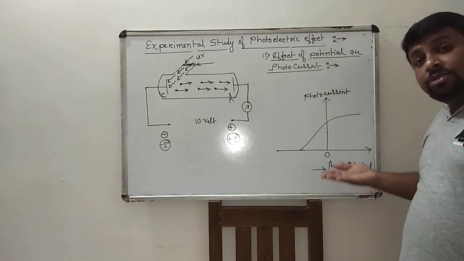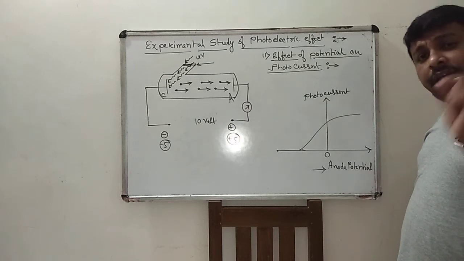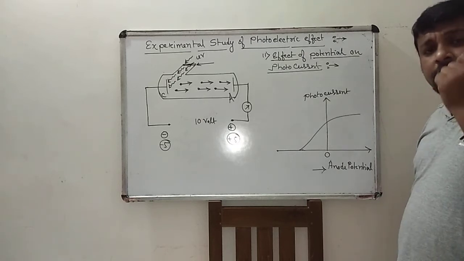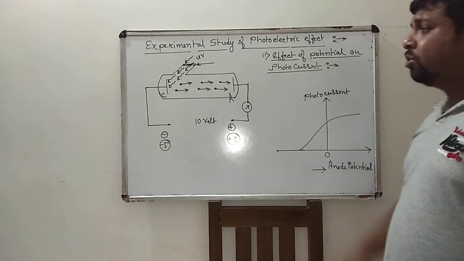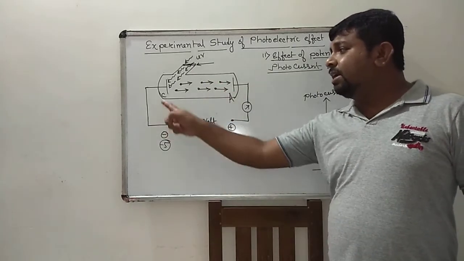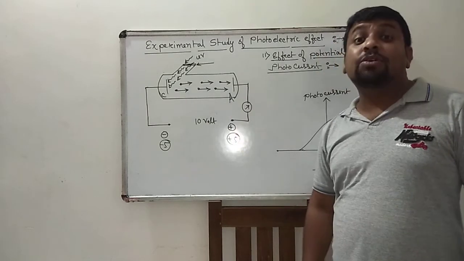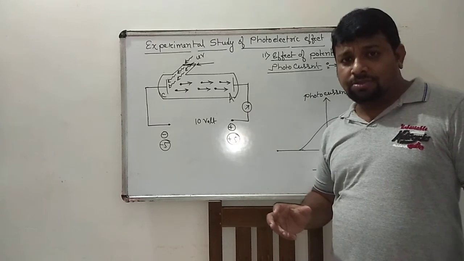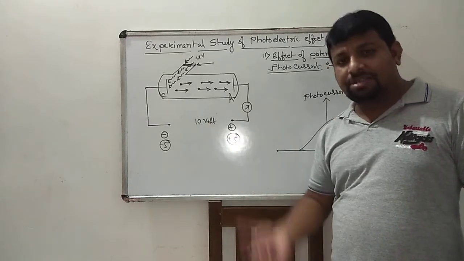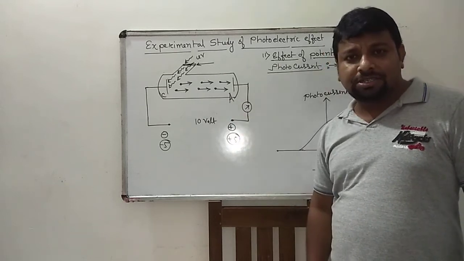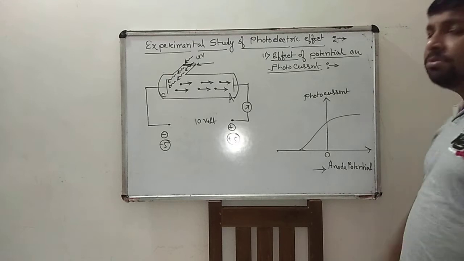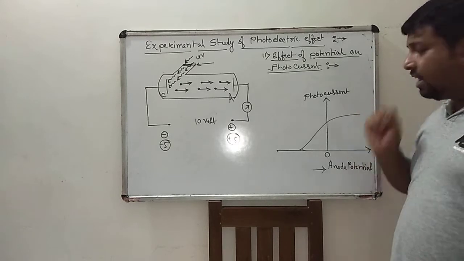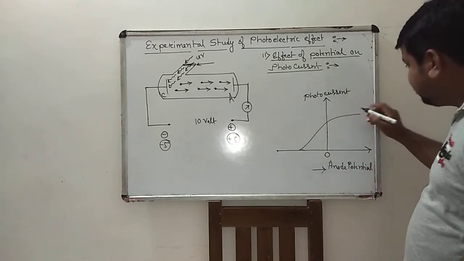At a certain potential, that means after a certain value of anode potential, all the photoelectrons ejected by the cathode reach the anode surface. In that case the current becomes constant, and that current is known as saturation current.